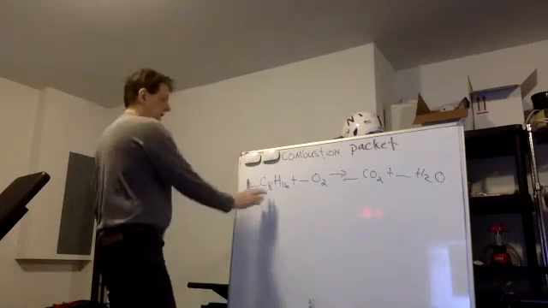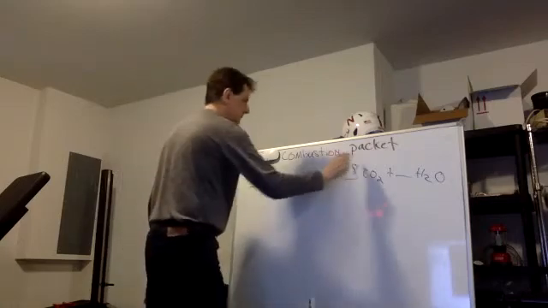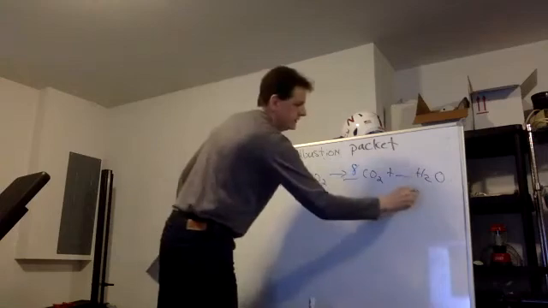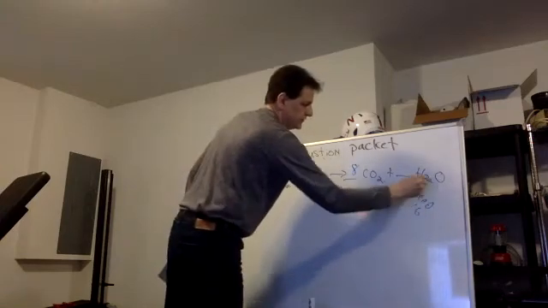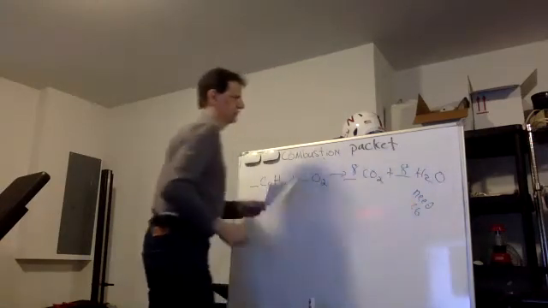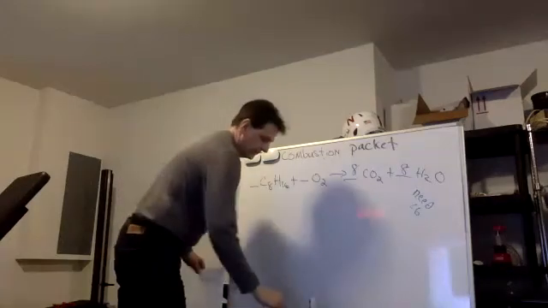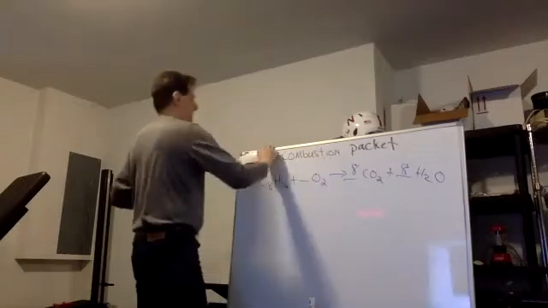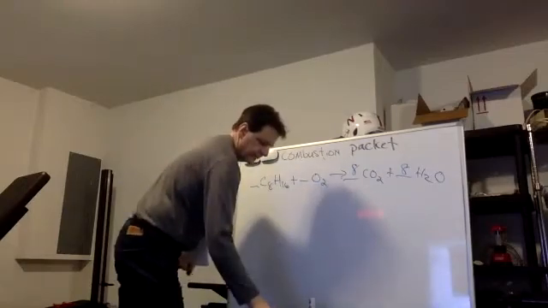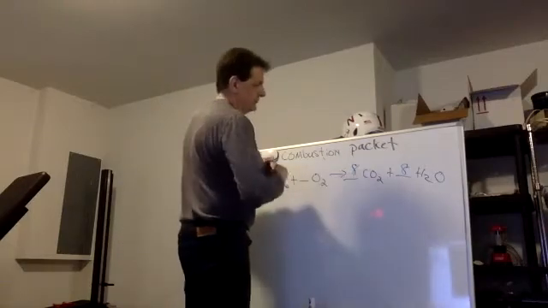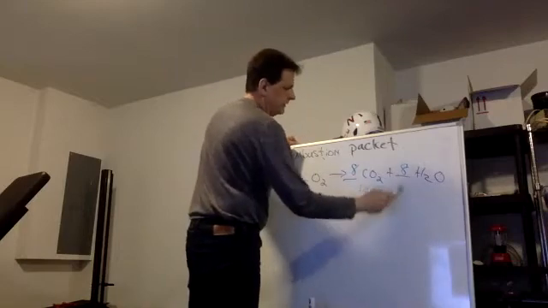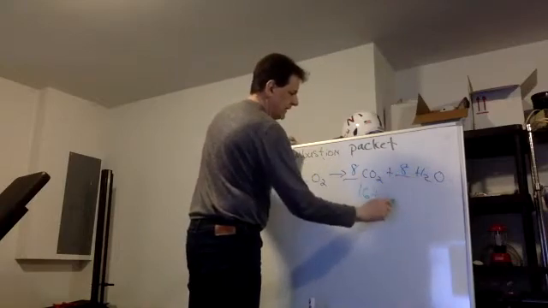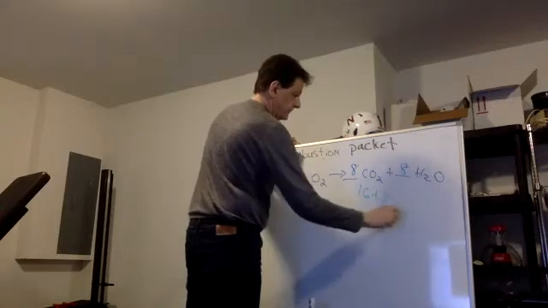We got 8 for carbon, 16, so your need here is 16, 2 goes into 16 8 times. That's the easy part. It's always oxygen that is where the money gets made. So you're going to take 8 times 2 is 16, and 8 times 1 is 8, so we are going to have 24 there.